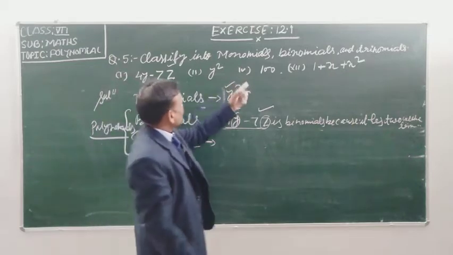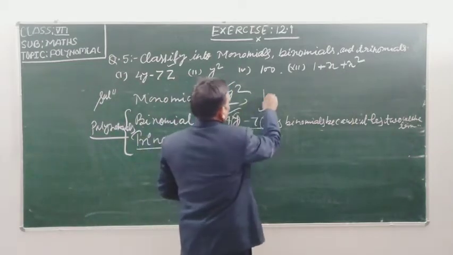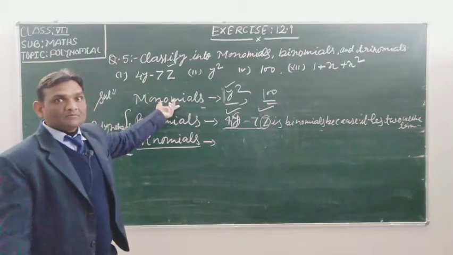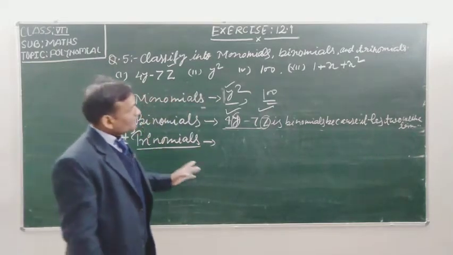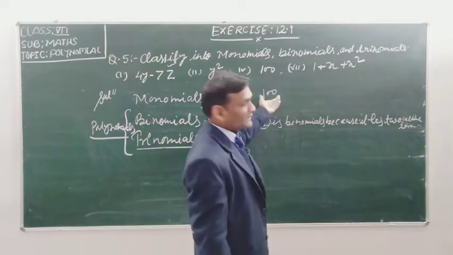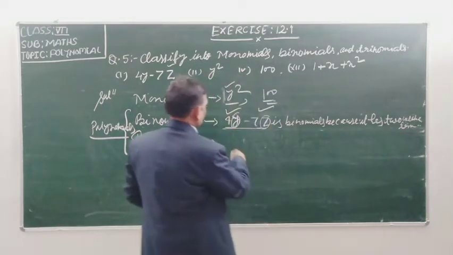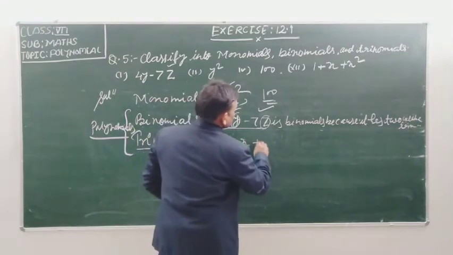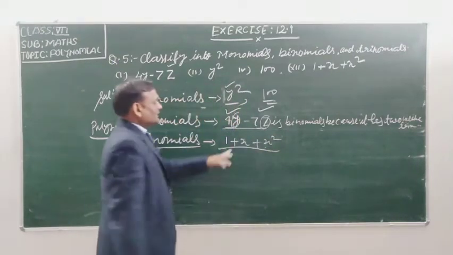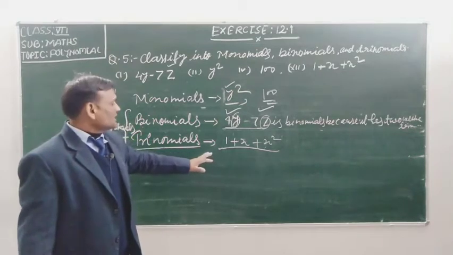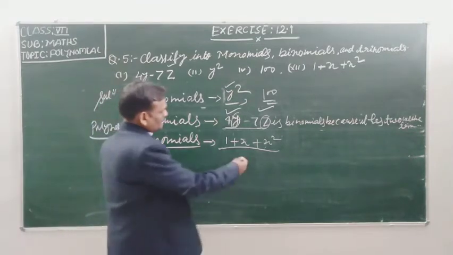Next, I am taking 100. You will put 100 also in the monomials category. It has only one term and this is a number. And 1 plus x square, it is a trinomial, an algebraic expression.